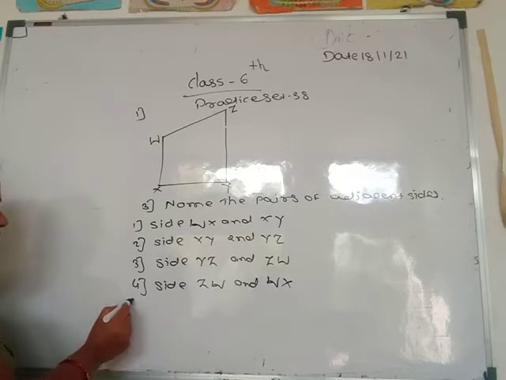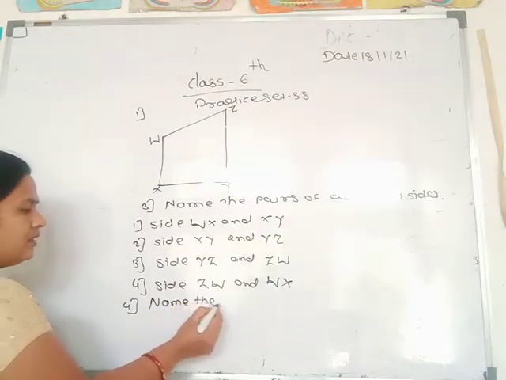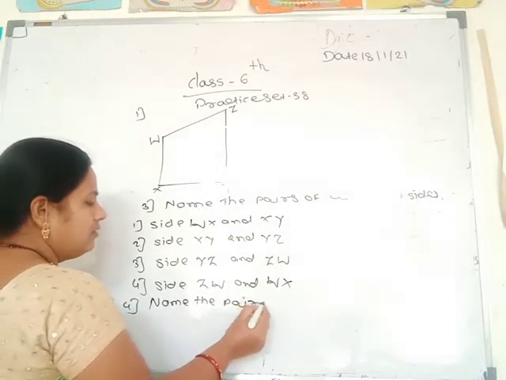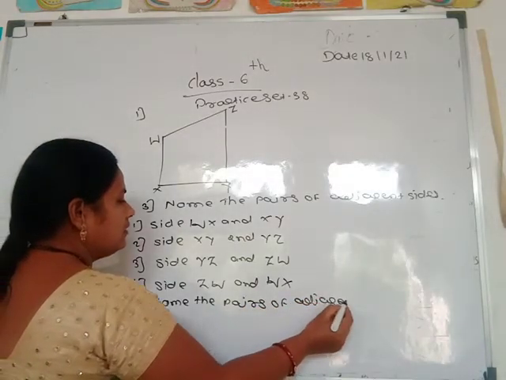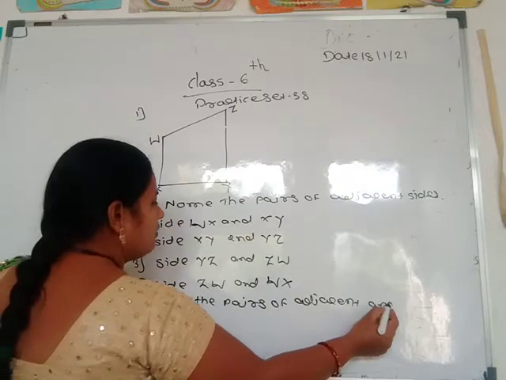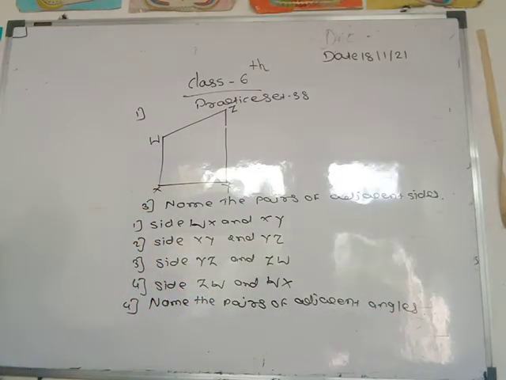Then the fourth one: name the pairs of adjacent angles. Adjacent angles are those which have a common arm. Arm means side.